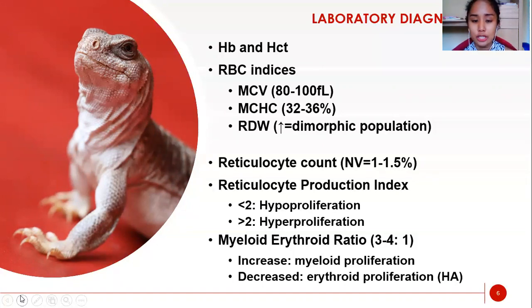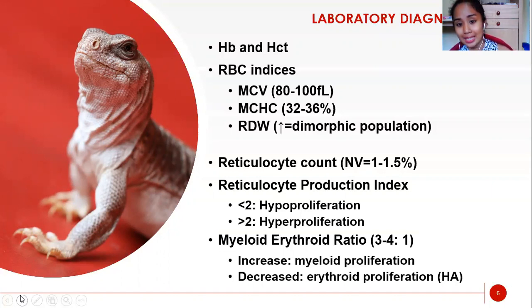Now MCHC, the mean corpuscular hemoglobin concentration. We also have MCH, but let's focus on MCHC. It's about 32 to 36%, or the unit can be grams per dL. More than 36% is hyperchromic, which is very rare; we can only see it in spherocytes.